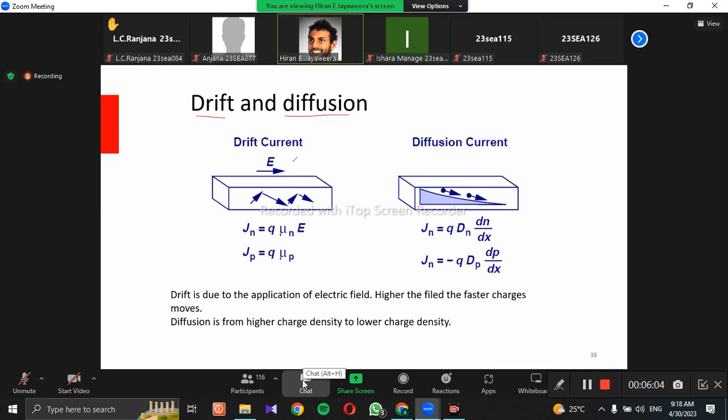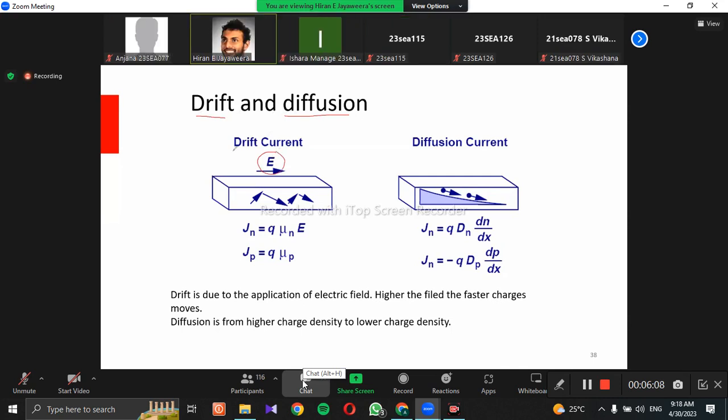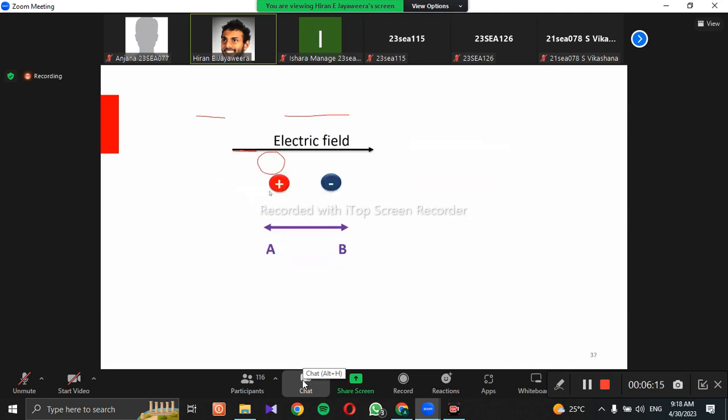One mechanism is drift. Drift happens because of the electric field, as we discussed on the previous slide. The positively charged particle will move towards the right and the negatively charged particle will move towards the left because of this electric field. This is called drift.